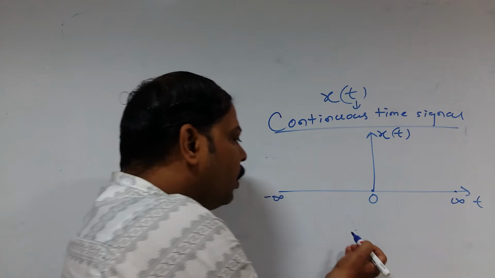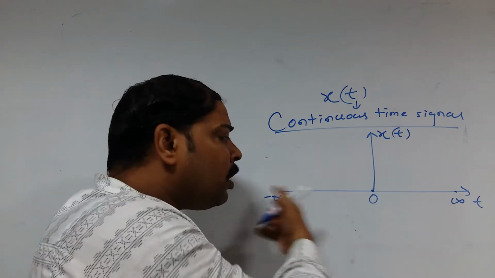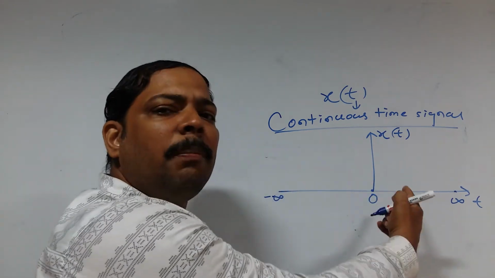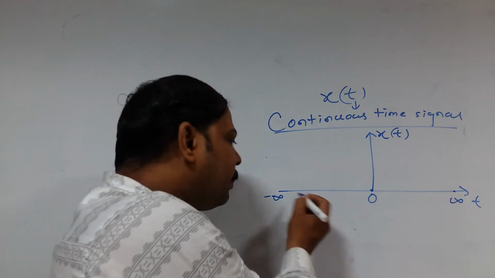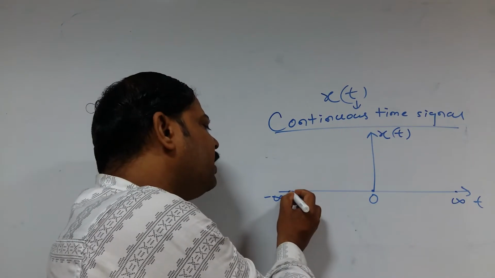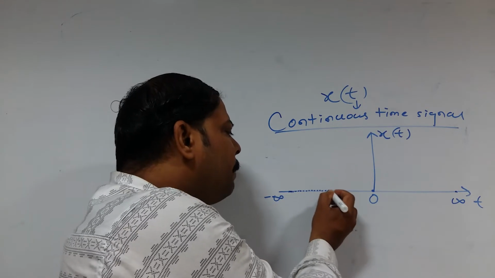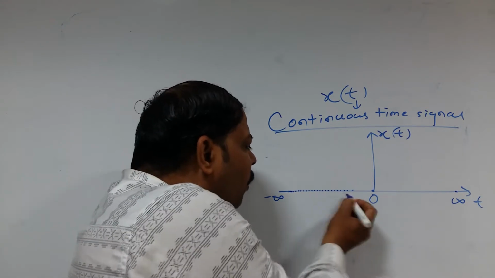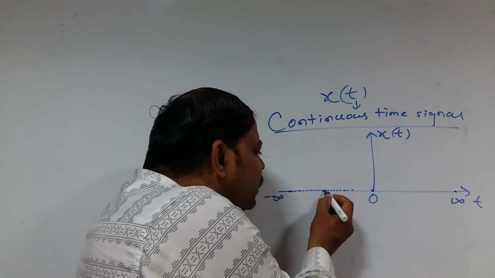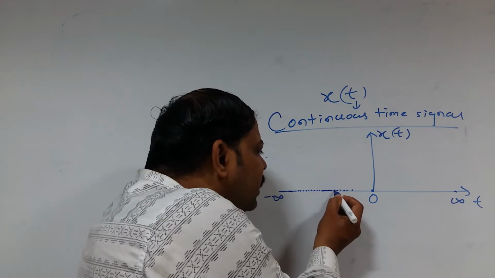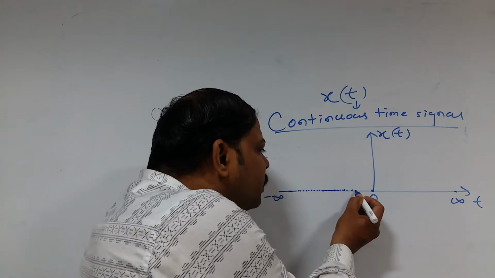Now this is your origin. Whenever you consider the time, you have to consider the entire time points over the entire time axis. Every point you consider. These points are consecutive, they are not separate points. These are continuous points, you can say.